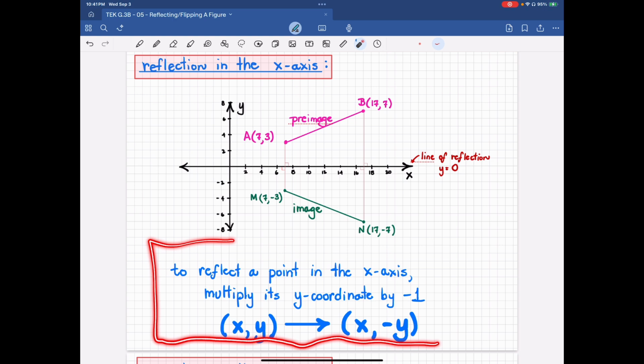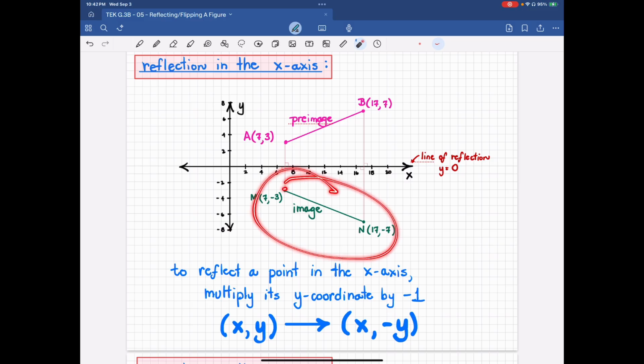To reflect a point in the x-axis, multiply its y coordinate right here by a negative 1. So if they would have given us this, and they said reflected on the x-axis, this would have moved up and this would have moved up. If we multiply a negative 3 times a negative 1, that gives us a positive 3.